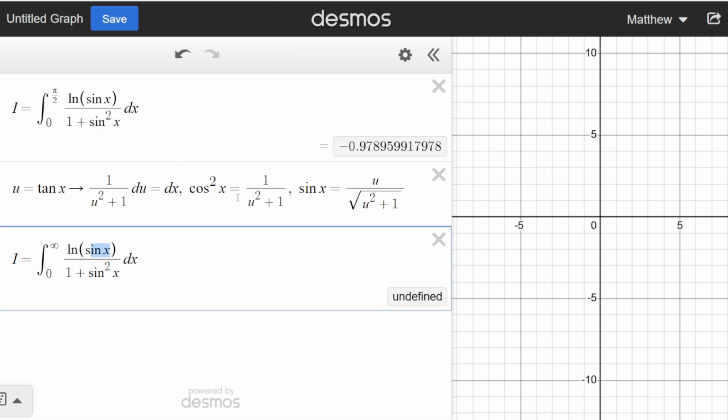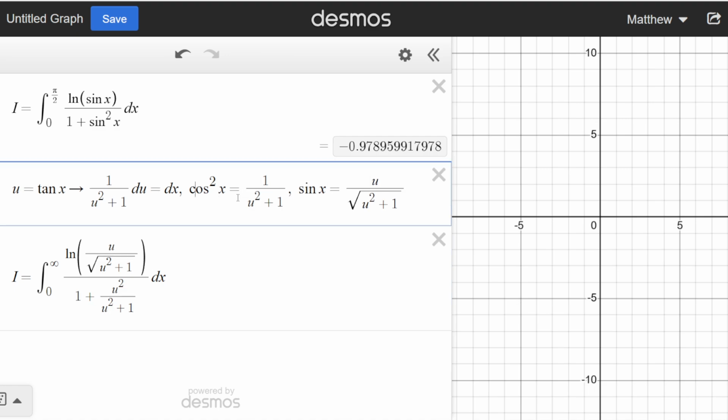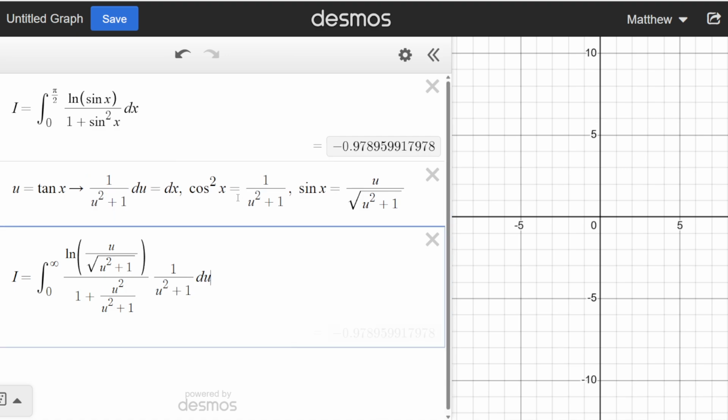This might not look better yet, but it's going to work. And sine squared x is just u squared divided by u squared plus 1. And our dx just becomes this. So you see we have the same values for I. So the substitution was performed correctly and validly.